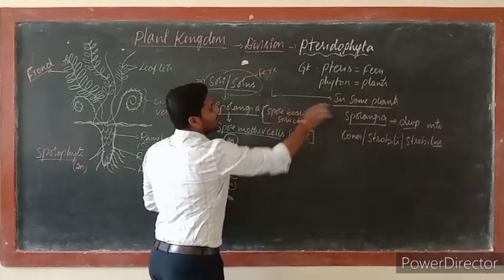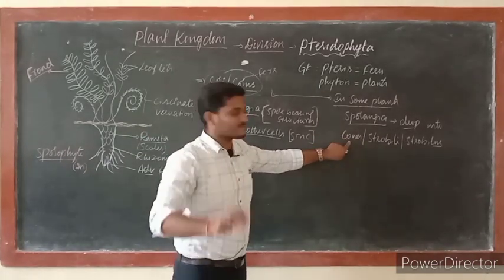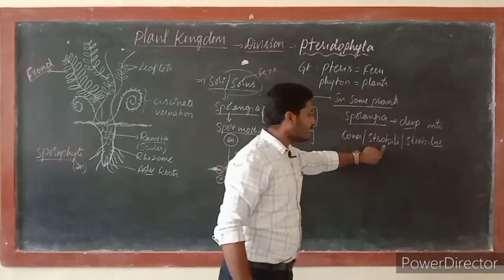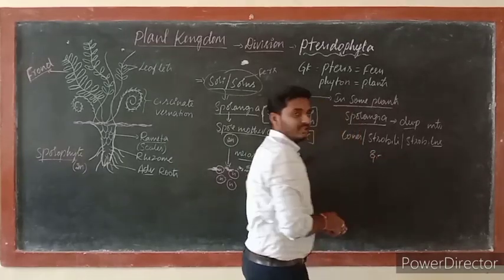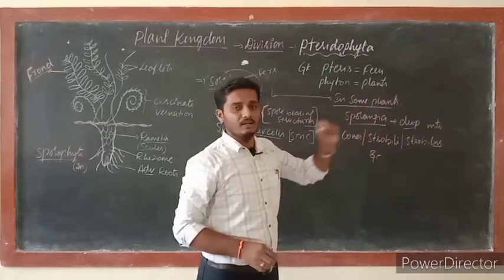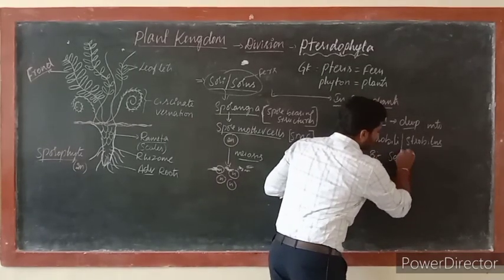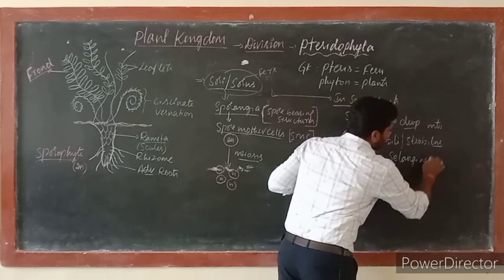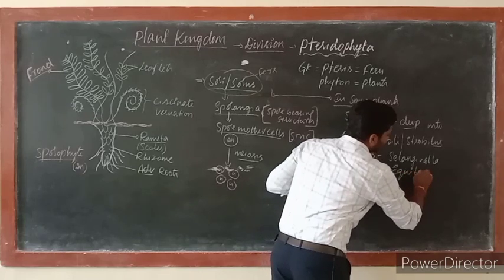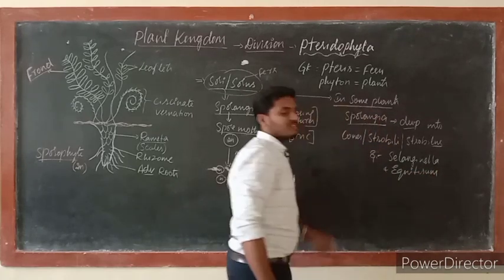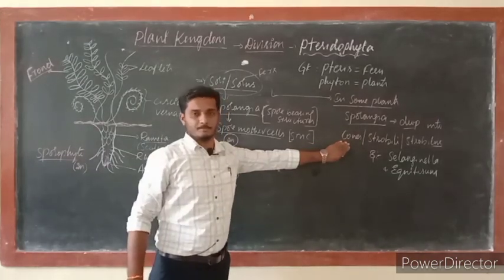But in some plants, the sporangia develop into an aggregated mass called cones or strobilus, or strobili. It can be seen in plants like Selaginella and Equisetum. In Selaginella and Equisetum, we can find the presence of cone nature or strobili nature.